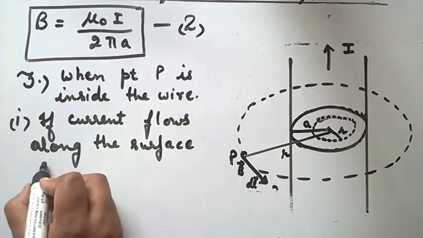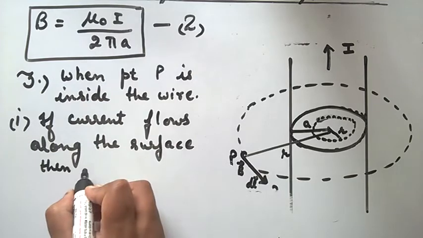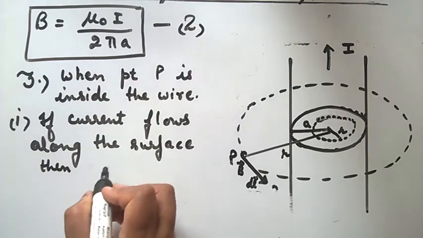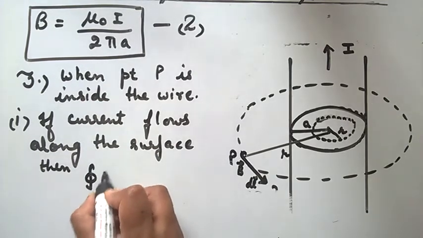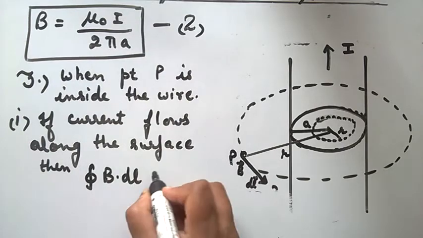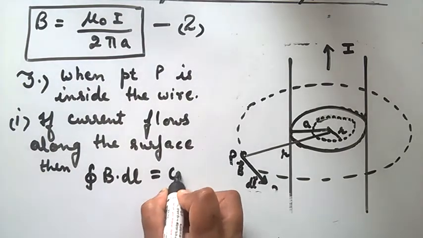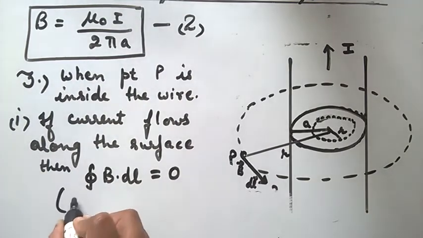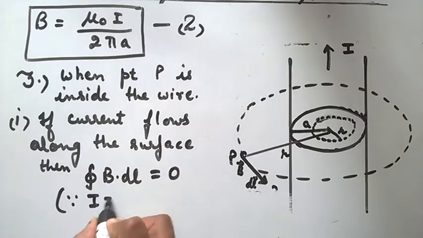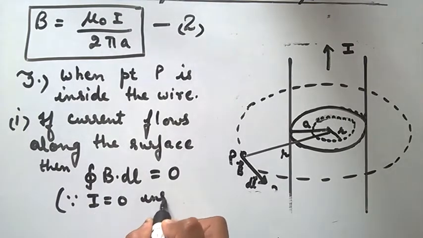Then, according to Ampere's circuital law, closed integral B dot dl is equal to 0 because I is equal to 0 inside the wire.